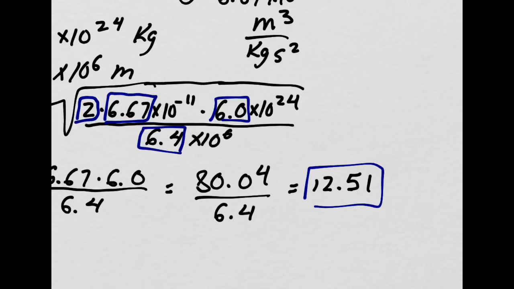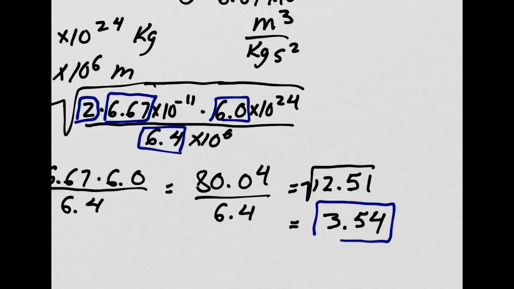So we have to take the square root of 12.51, and that is 3.54 with a little bit of rounding. So we do the square root operator normally on the prefix, but it'll be different when we look at the exponents. So let's look at those next.